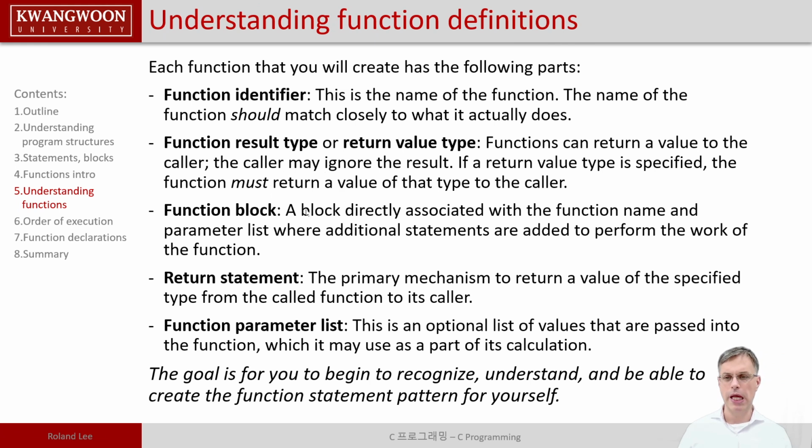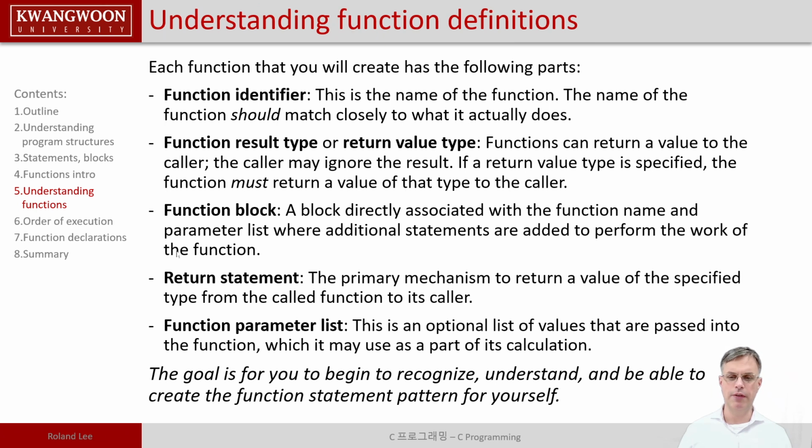Function block. A function block is a block directly associated to the function name and parameter list where additional statements are added to perform the work of the function. Return statement. The primary mechanism to return a value of the specific type from the called function to its caller.